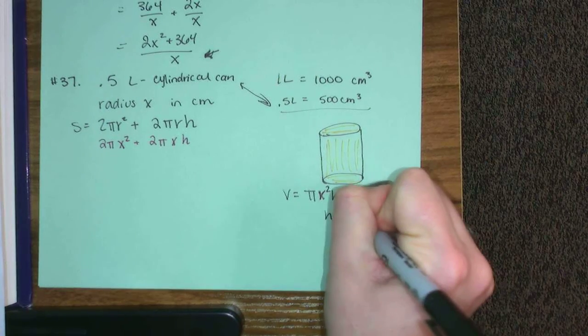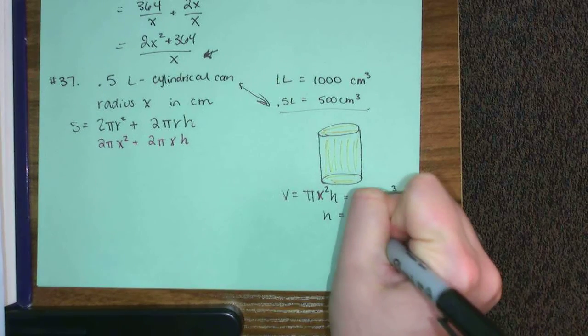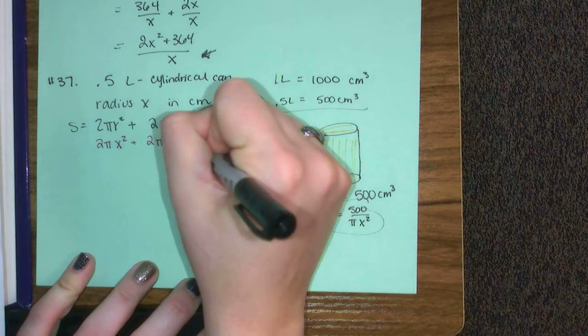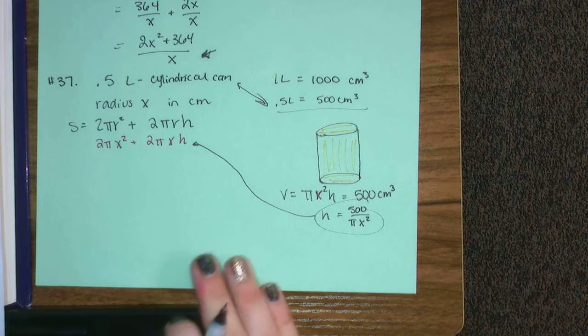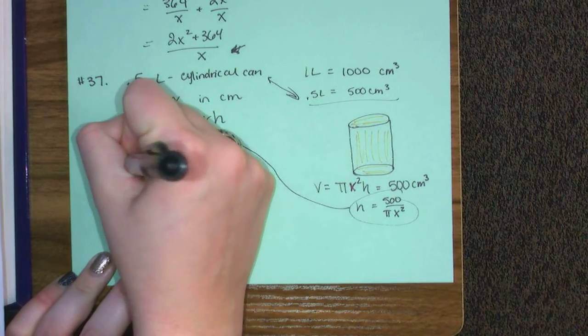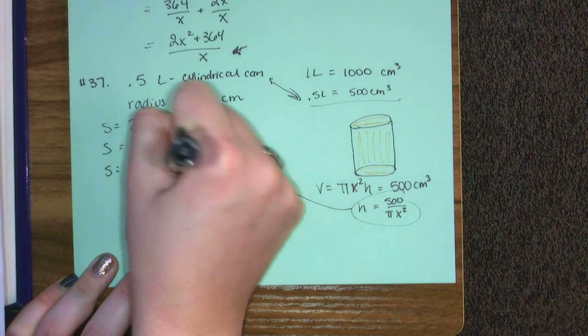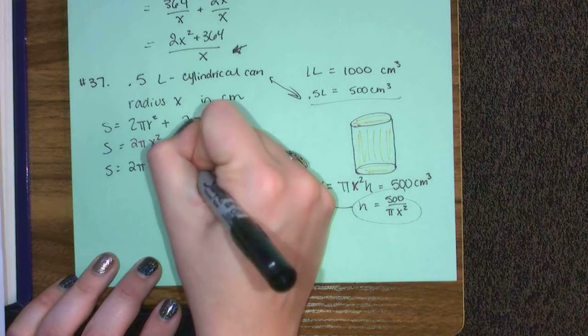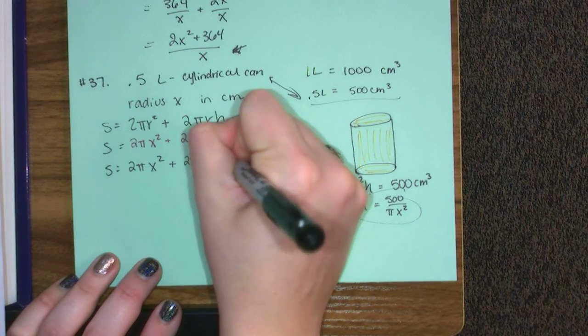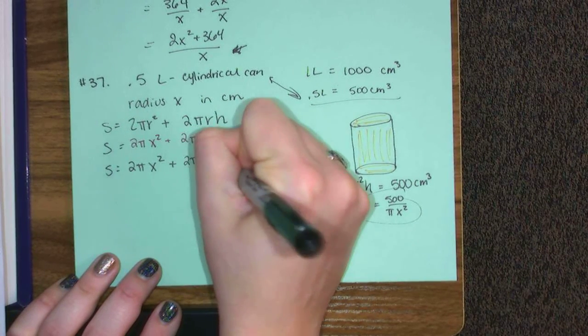Okay, so 500 over pi x squared. Now I can take this, and I'm going to plug it in for h over here. Okay. So S is equal to 2 pi x squared plus 2 pi x times 500 over pi x squared.